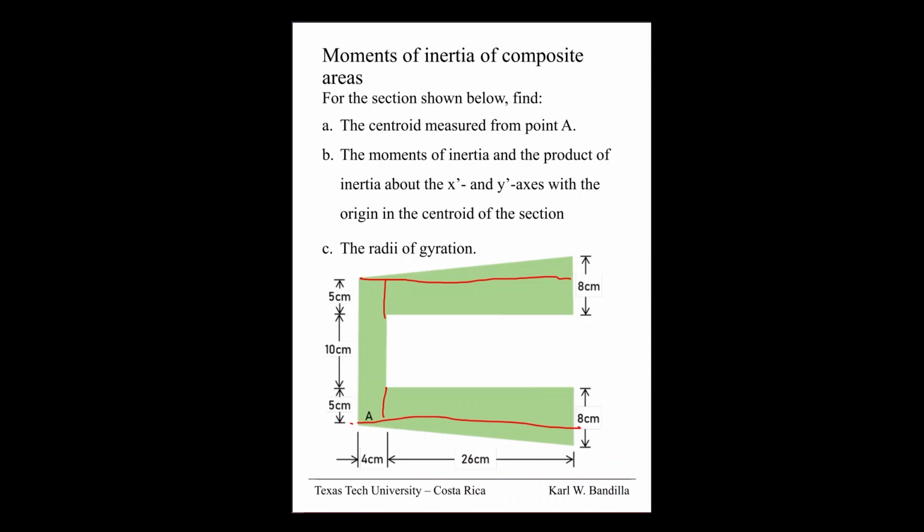However, I think we have one that's a little easier, and let me erase these real quick. I think we'll be better off if we use a hole or multiple holes. So we'll say basically our overall shape is a rectangle like this.